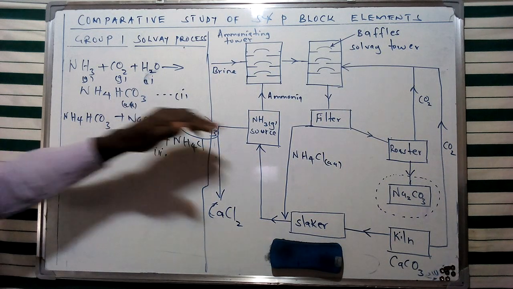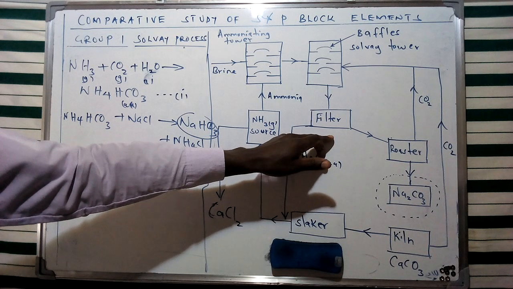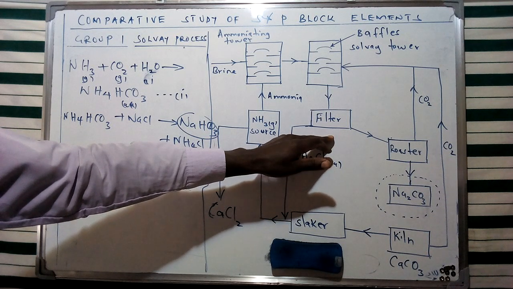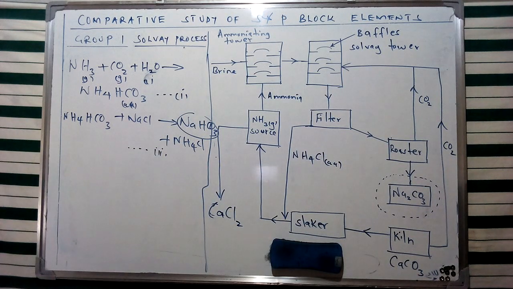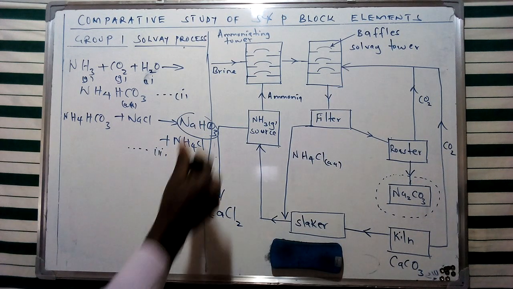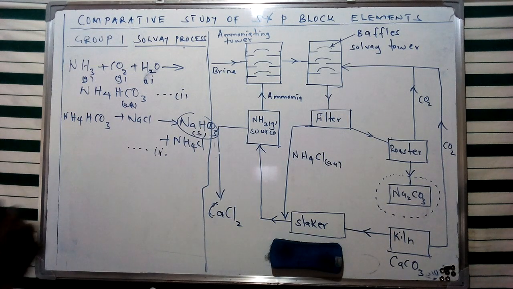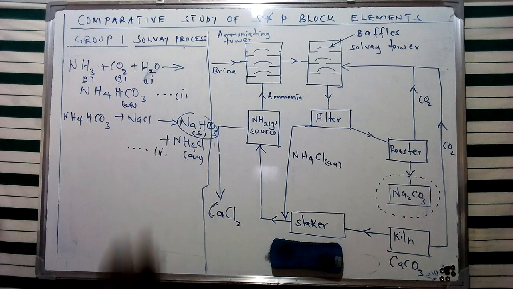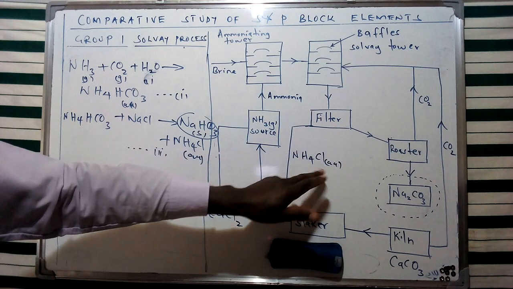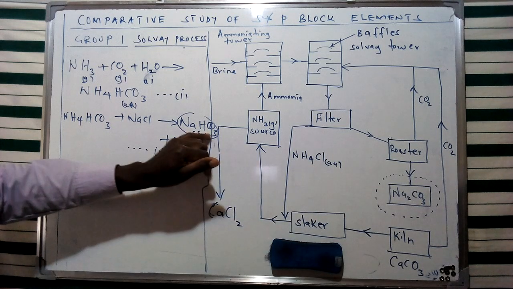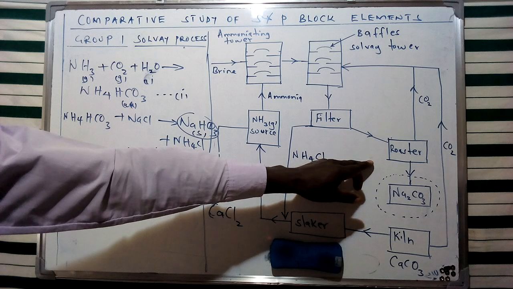Now this suspension is going to undergo a filtration process, and as we said, this is going to be a vacuum filtration, which is going to separate these two specific products. Now the sodium hydrogen carbonate, which is given as a suspension, is going to be a solid, and we shall have aqueous ammonium chloride, and therefore the filtration process is going to separate the ammonium chloride and the sodium hydrogen carbonate suspension.